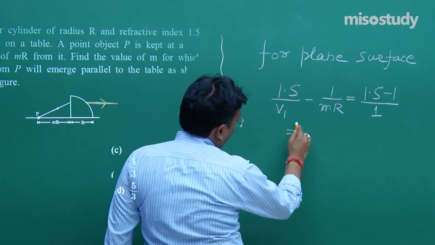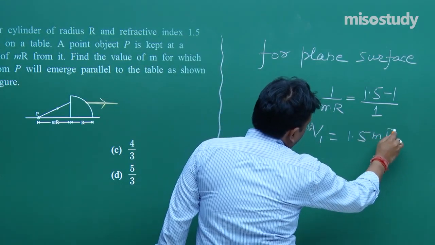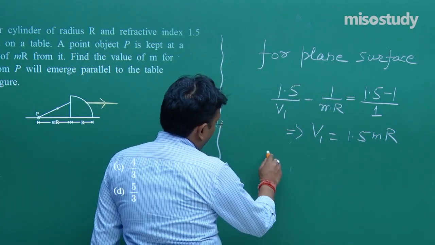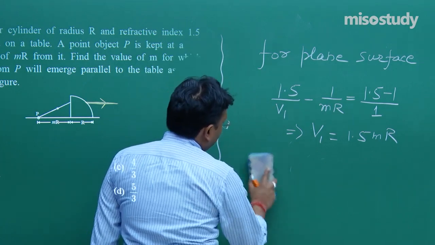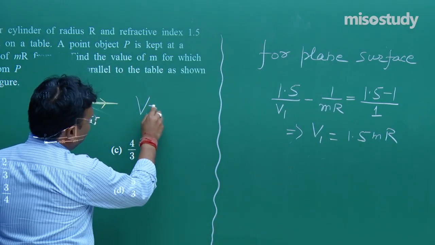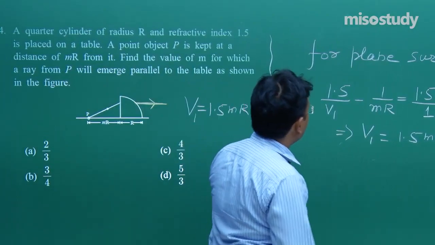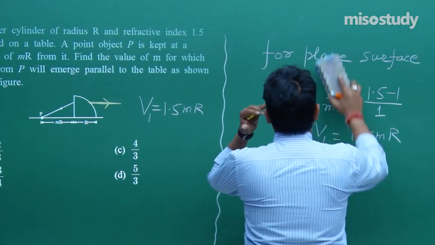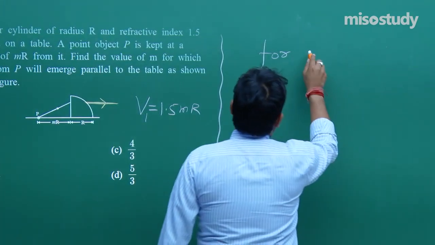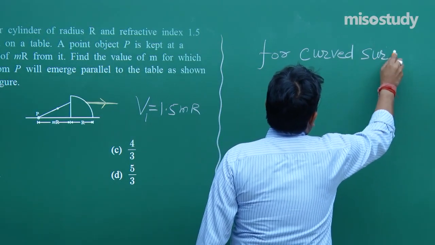So from here if you solve, you will get V1 is equal to 1.5 mr. No problem, simple formula and simple result. Then I should use this value, V1 is equal to 1.5 mr. Fine. Now use the same space for the curved surface.